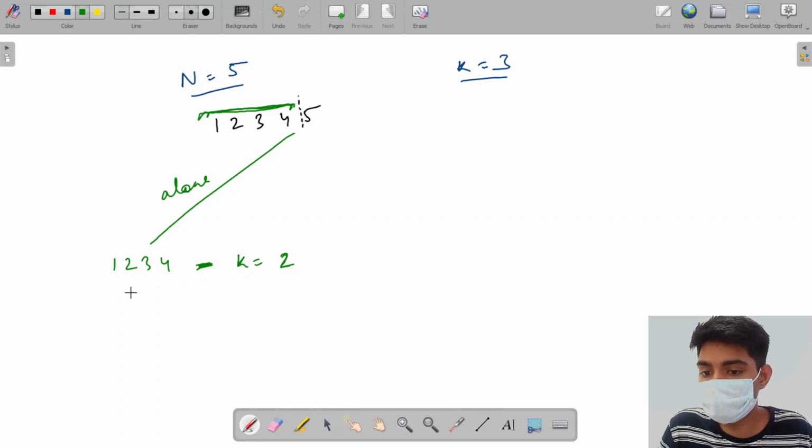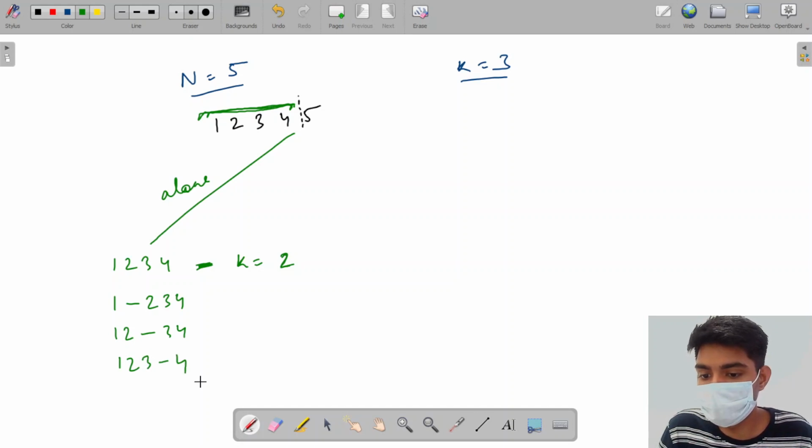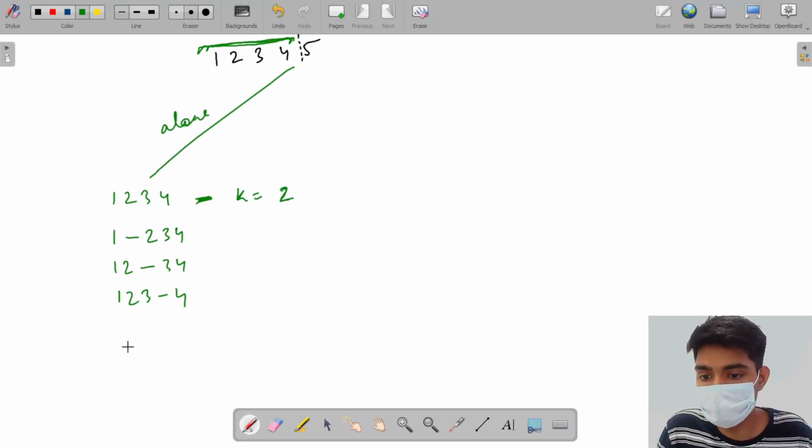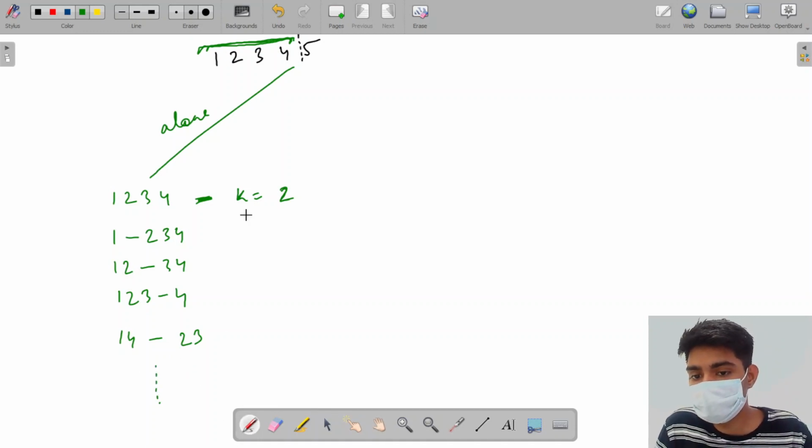So 1, 2, 3 and 4 can be divided like this: 1, 2 is a pair and 3 and 4, or maybe 1, 4 and 2, 3, right? Something like this. So there would be many answers, right?